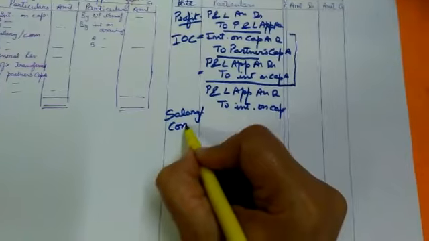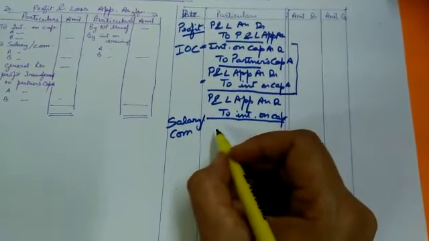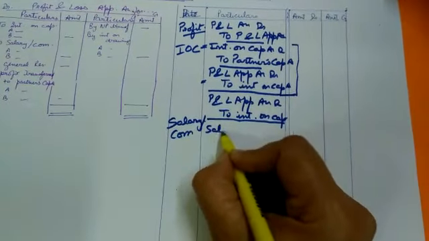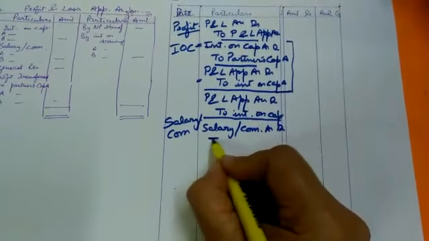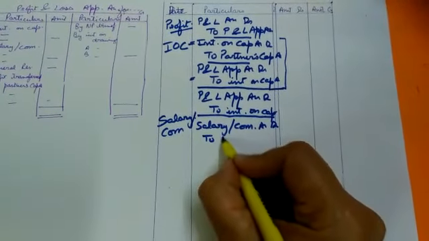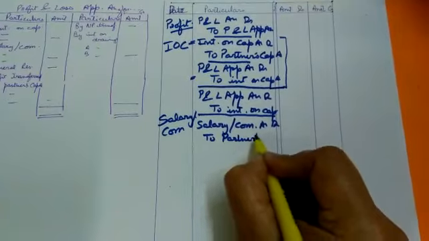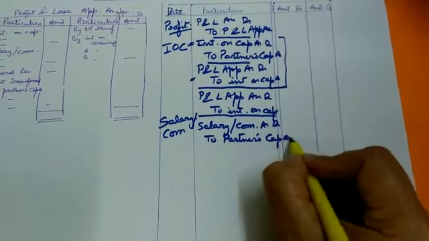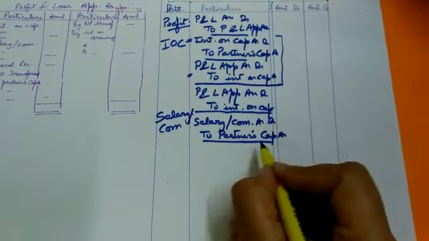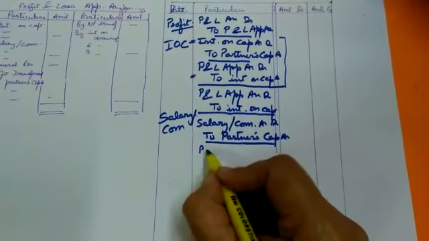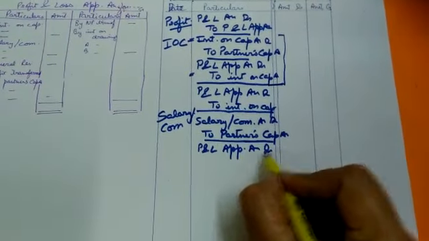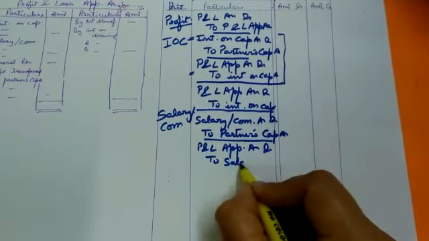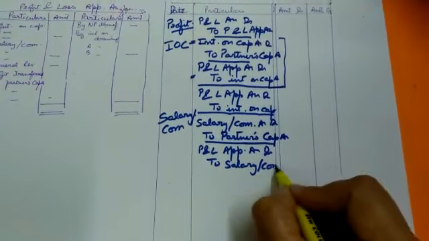Similarly, we have journal entries of salary or commission. If any salary or commission is provided to partners, similar journal entries are passed. Salary or commission account debited to partners capital account, and then P&L appropriation account debited to salary or commission account.